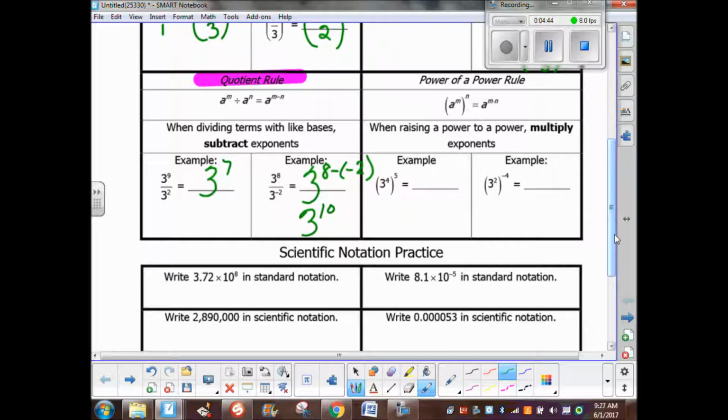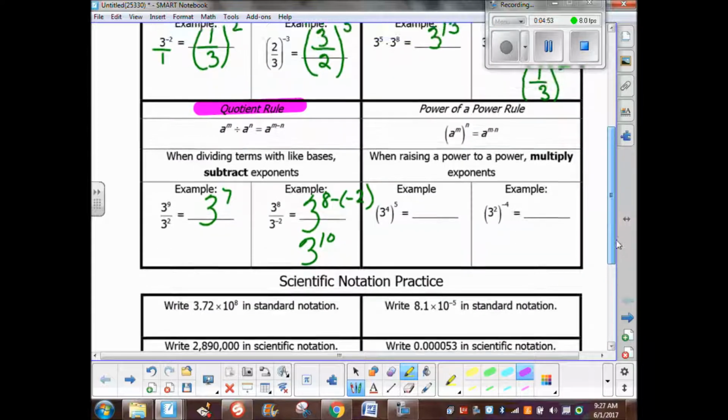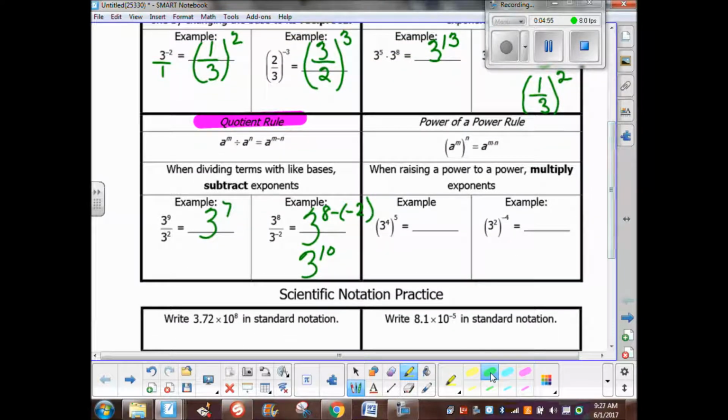Power of a power rule. So meaning we have an exponent raised again to another exponent. a to the m to the n power equals a to the mn. So when I have an exponent raised again to another exponent, Tony, what do I do?